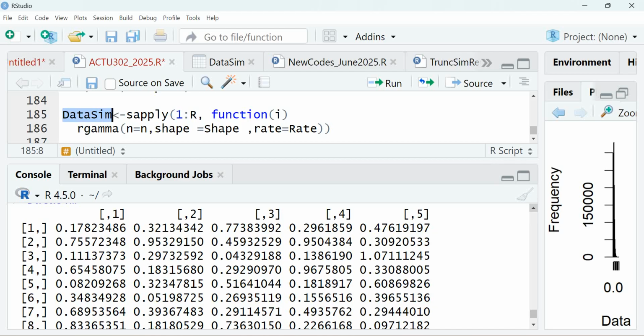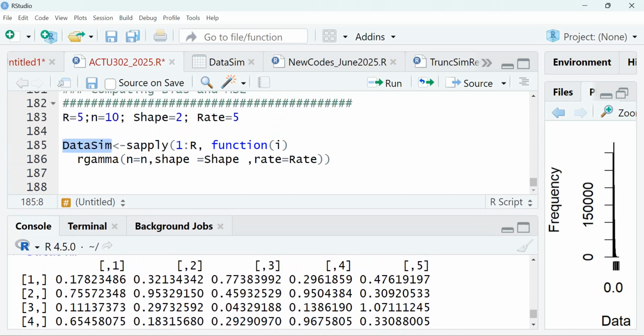And each column must have a sample size of 10. Those are the parameters we need in running that. So we want R, 5 repetitions. The sample size should be 10. The shape we are looking at is 2, and then the rate is 5.